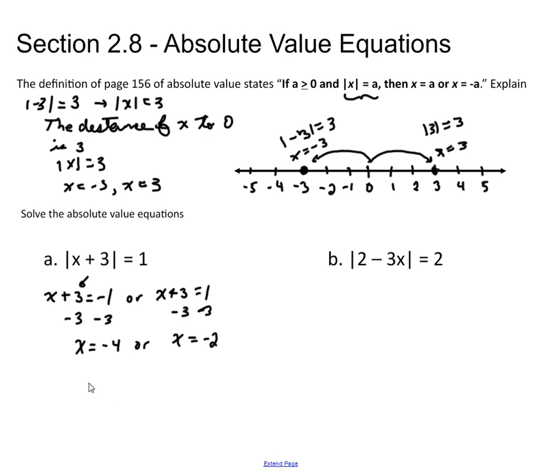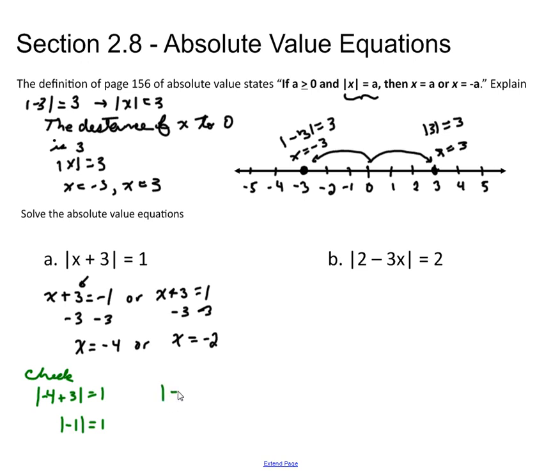Well, how can we be getting two solutions for this one little equation? In fact, both of them work, and we can check our work by substitution. If we take the absolute value of -4 plus 3, we would get 1, because -4 plus 3 is -1, and the absolute value of -1 is 1.